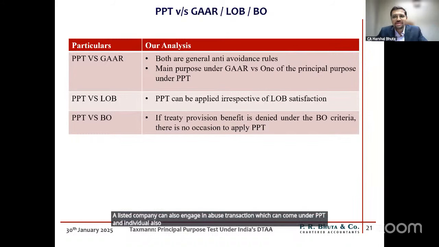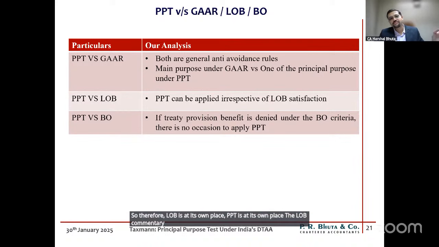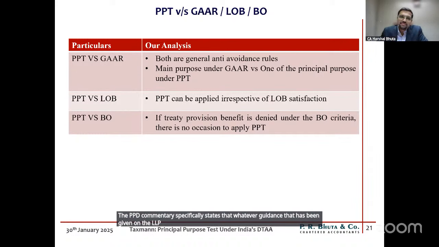Individual, the example that I myself gave of taking Article 13(5) benefits of the India UAE DTAA. So therefore, LOB is at its own place, PPT is at its own place. The LOB commentary cannot be applied to PPT. The PPT commentary specifically states that whatever guidance that has been given under LOB cannot blindly be applied to the PPT also.